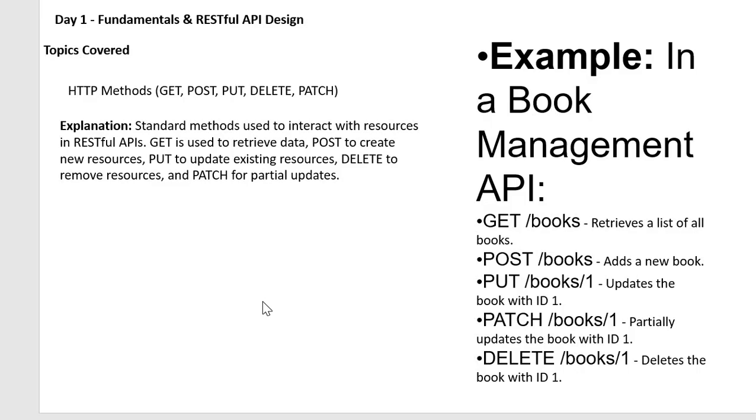If we want to update any data present in the software application, we will use PUT. And if we want to remove data from our software application, we will use HTTP DELETE.